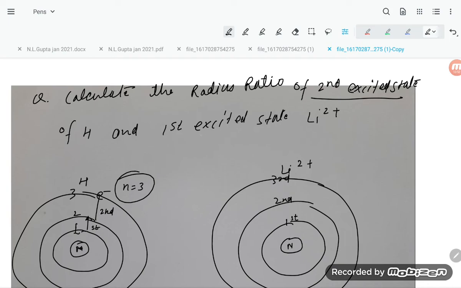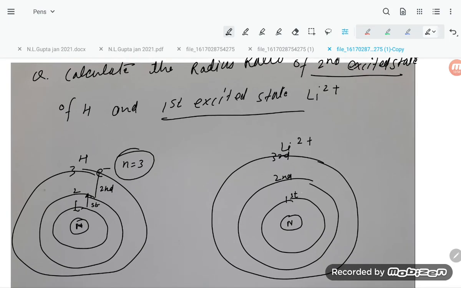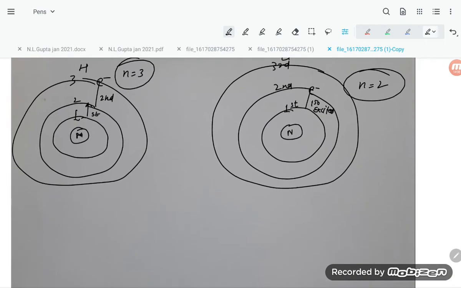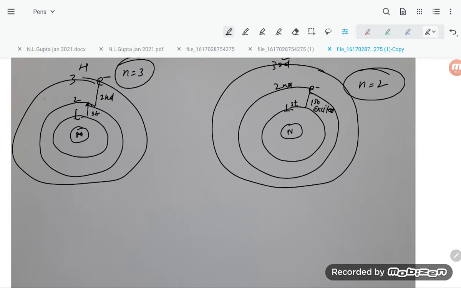Here, if we talk about lithium, it is the first excited state, so the electron will be in the second orbit. So n is equal to how much? That is 2, right, student? So dear student, let us try to solve. They are asking the ratio.